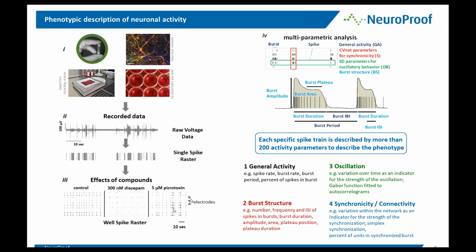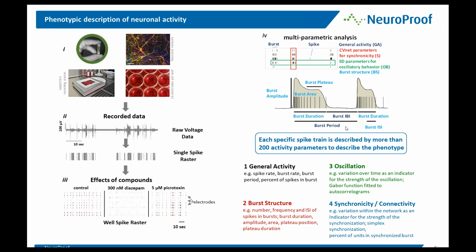Now, the activity is clustered in bursts, and these bursts have a shape. This burst shape is described in the top right corner here. So there is a burst plateau, a burst amplitude, an area, interspike intervals, etc. There are many parameters which describe this burst structure, which are very predictive and descriptive for compound effects.